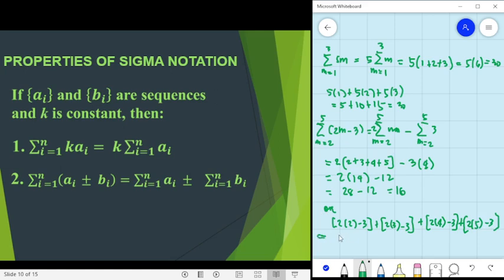So this would be equal to 4 minus 3 plus 6 minus 3 plus 8 minus 3 plus 10 minus 3. So we now have 1 plus 3 plus 5 plus 7. The answer is 1 plus 3 is 4, plus 5 is 9, plus 7 is 16. So, it's the same.